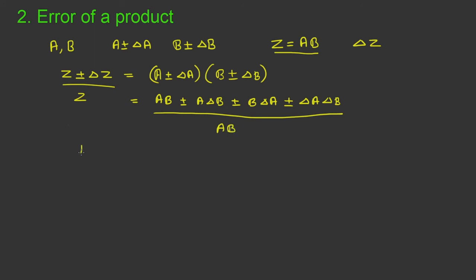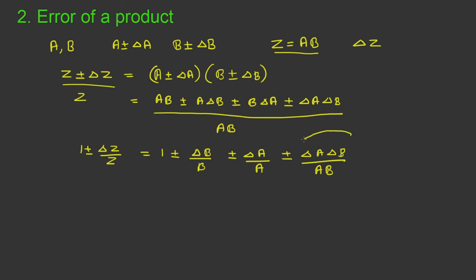I will get 1 plus or minus delta Z by Z is equal to 1 plus or minus delta B by B plus or minus delta A by A plus or minus delta A delta B divided by AB. Here delta A delta B divided by AB is a very small quantity, can be neglected, and 1 will cancel off.